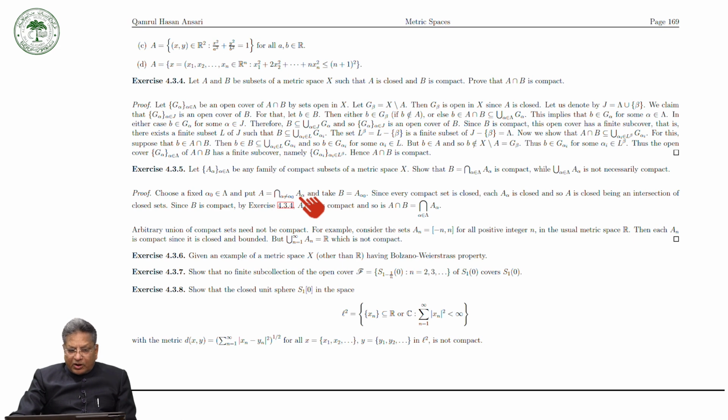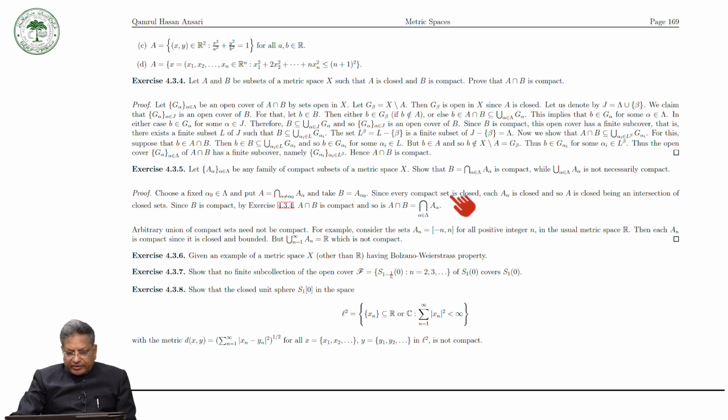This is your closed compact set. Every compact set is closed, so they are closed, and an arbitrary intersection of closed sets is closed. So A is closed and B is compact, so the intersection of A and B is equal to the whole intersection.